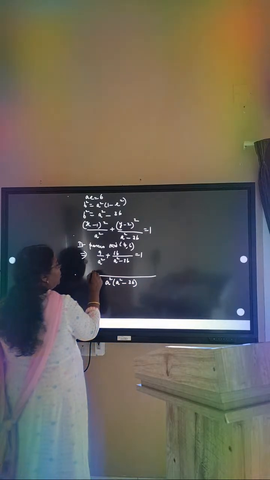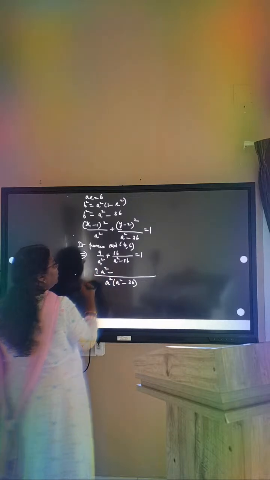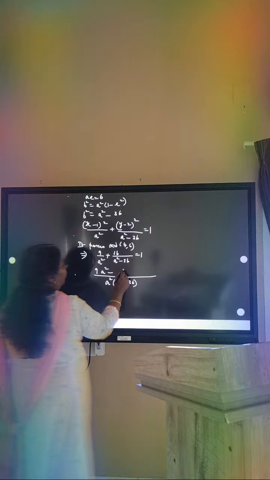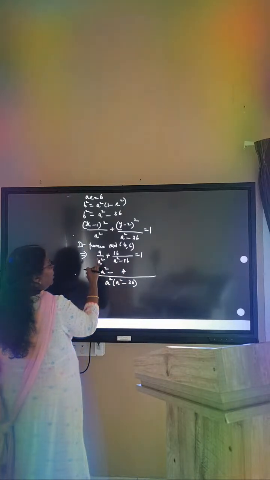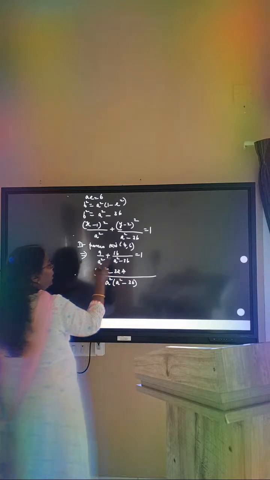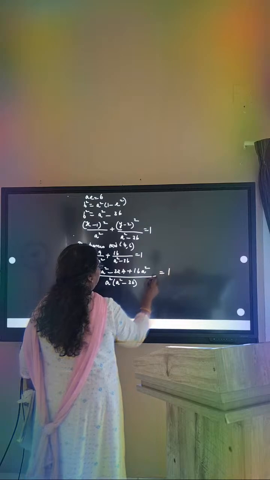And when you cross multiply, you will get 9a squared, then minus 36 into 9. What is 36 into 9? 6 9s are 54, 4, 5, and then 27, 32, 324, and then plus 16a squared, and that is equal to 1.